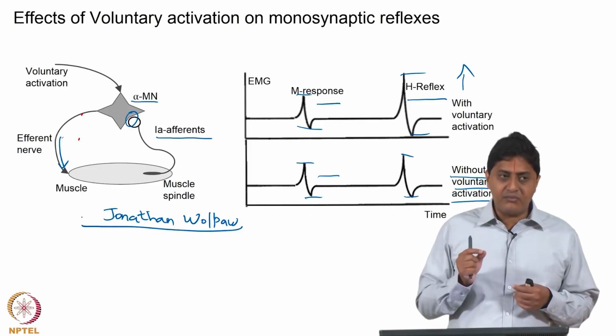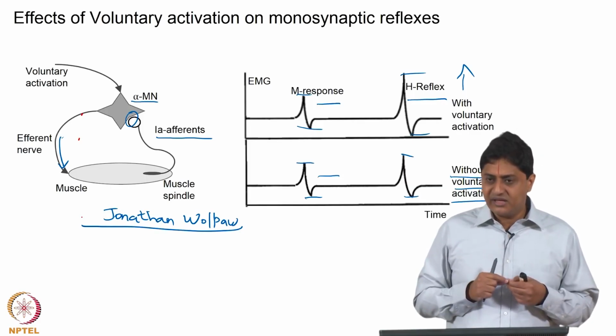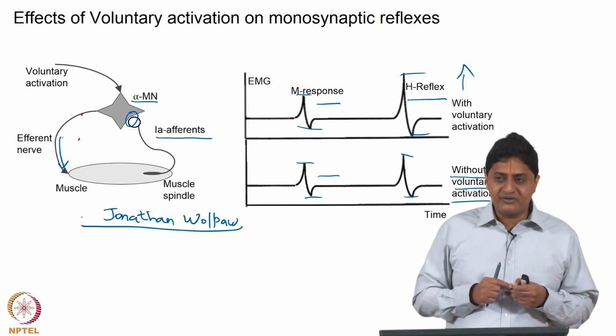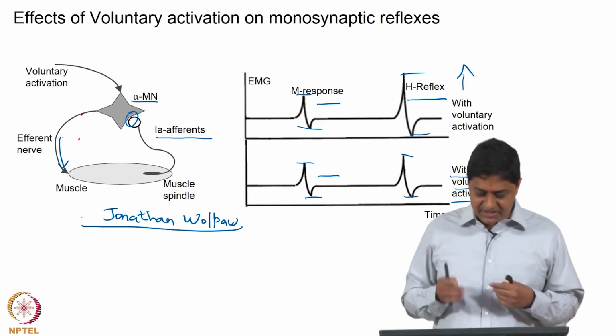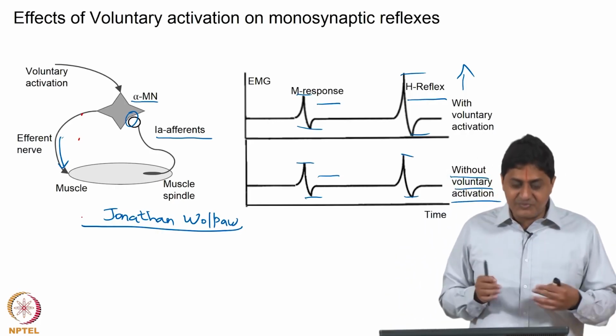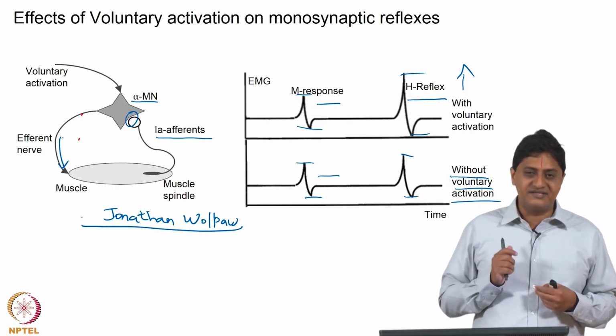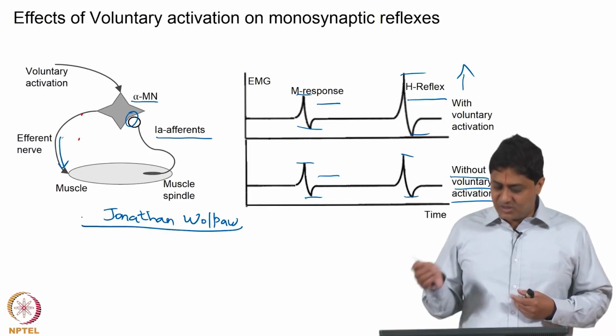Even that can be modulated with substantial training, not with a small amount of training. If the question is, can this be trained, the answer is yes, but not easy. It is going to take a substantial amount of training.